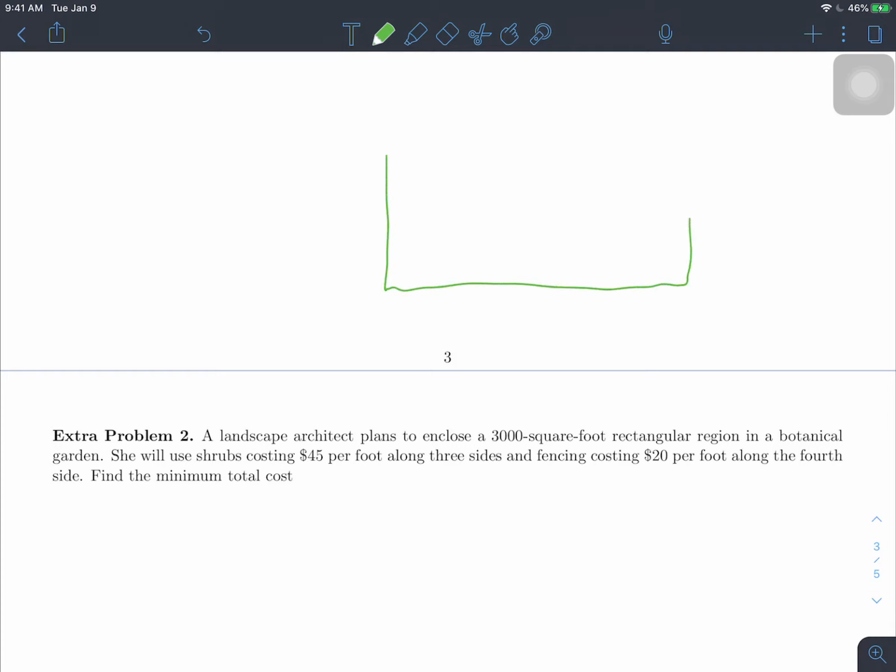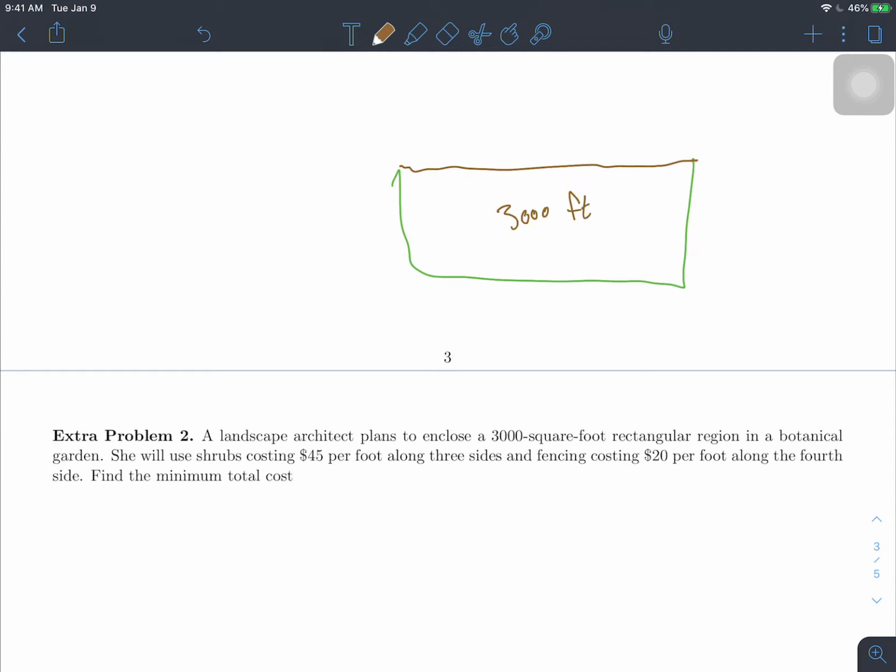It looks like this. We have fencing on one side and shrubs on the other sides. And we have that the area of this is 3,000 square feet.